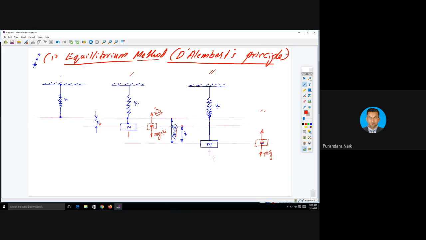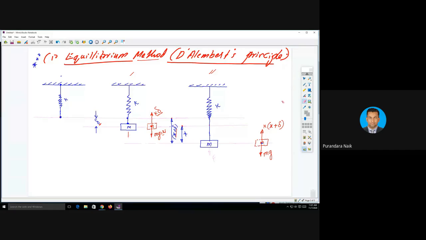The spring force is K into X plus delta. This is the spring force in the upward direction when it has reached the maximum extent, that is X plus delta distance. Is it okay? This is the spring force.